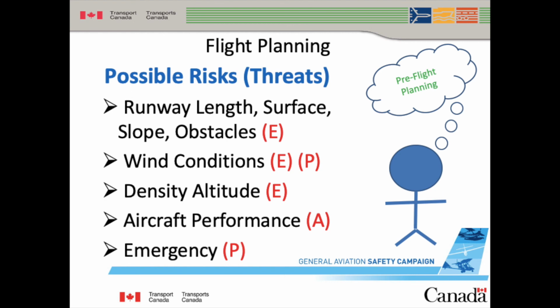Have obstacles in your path? What's the orientation? Are you taking off early morning, due east, with the rising sun in your face, blinding you? Okay? All things to think about. Grass runway, what's it going to do to your ground roll? Now, you can find runway data if you look in the CFS, Canadian Flight Supplement.